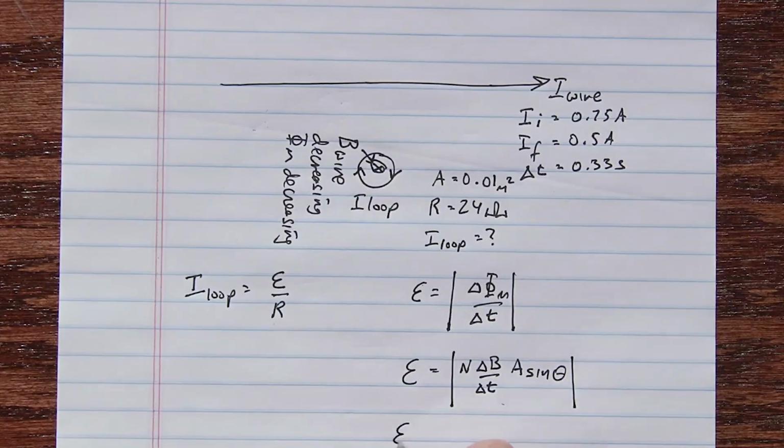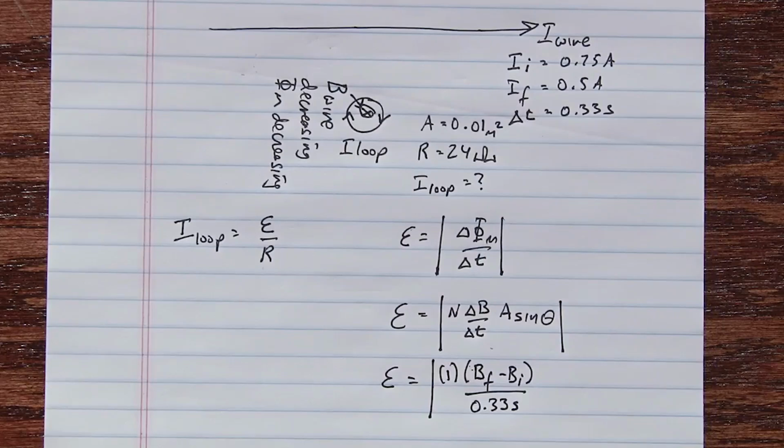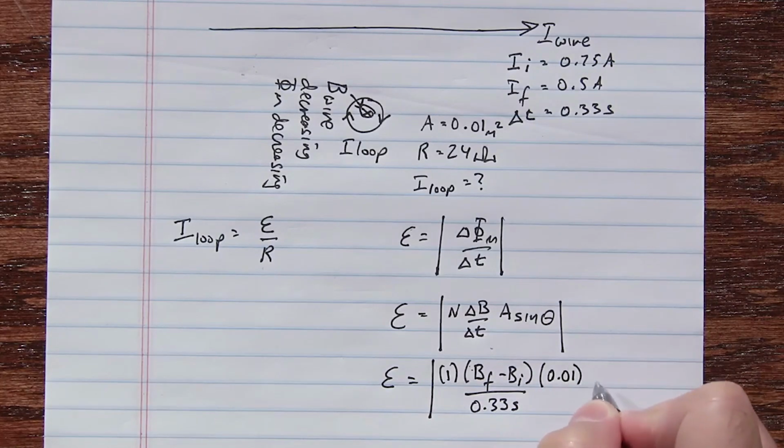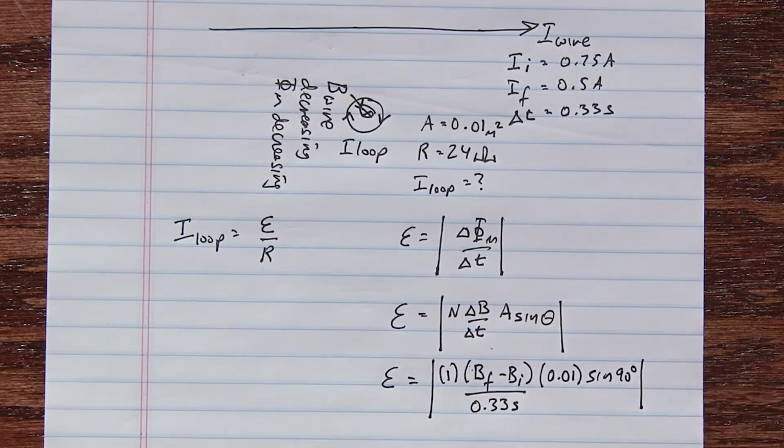So E is equal to the absolute value of N, which is 1, times change in B, which is B final minus B initial, over change in time, which is 0.33 seconds, times the area, which is 0.01 square meters, times the sine of 90 degrees.